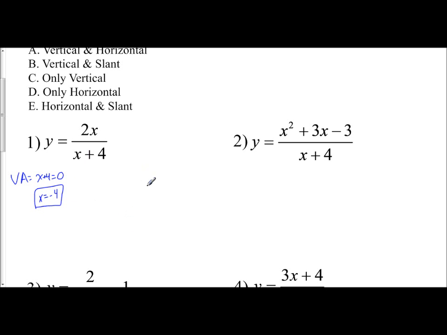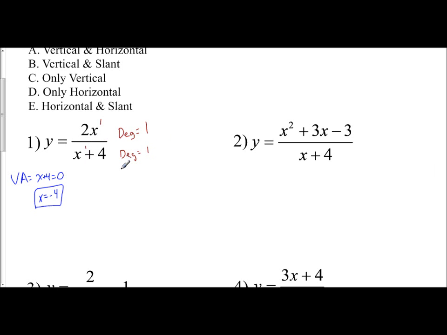Then I determine, does it have either a horizontal or does it have a slant? The way you do that is by looking at the degrees. The degree in the top is 1. The degree in the bottom is 1 as well.